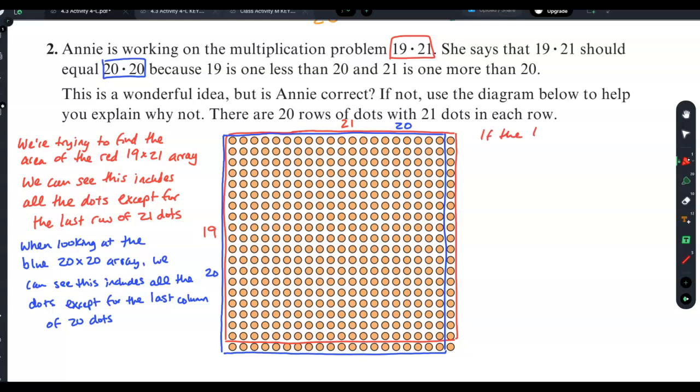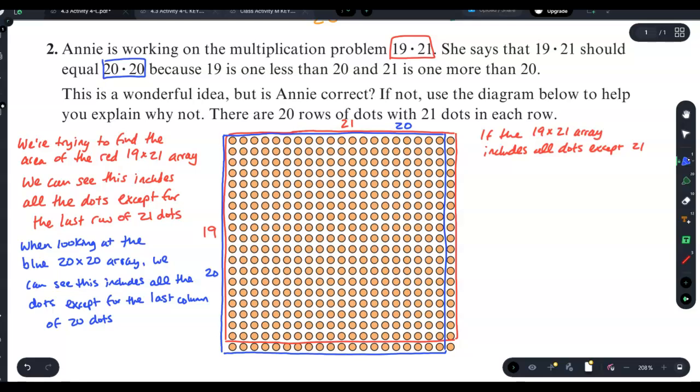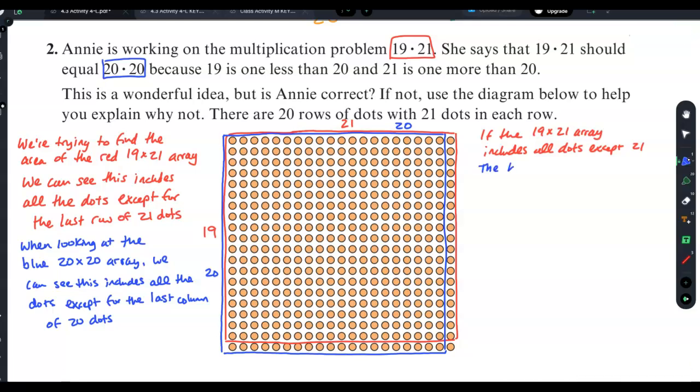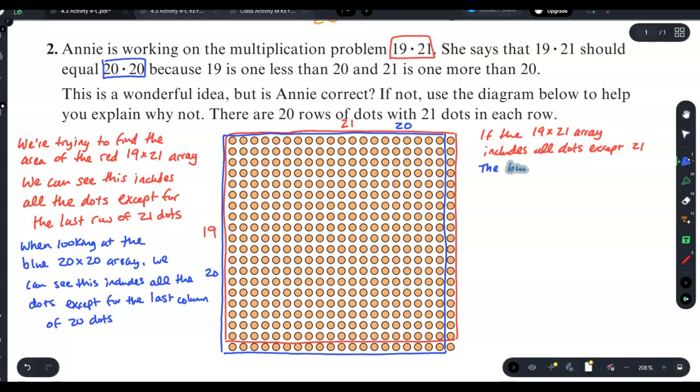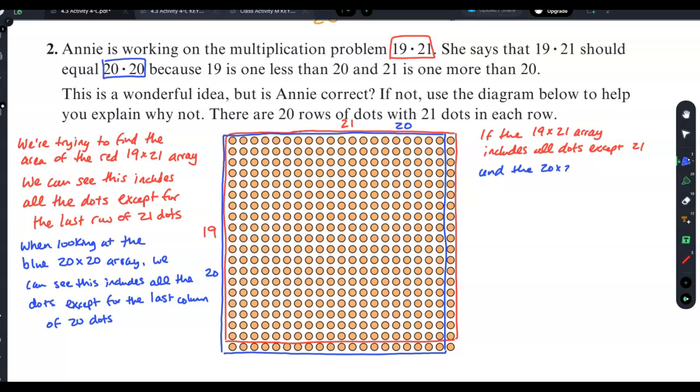So if the 19 by 21 array includes all of the dots except for, we said, 21 of them, and the blue array, so the 20 by 20, includes all the dots except, we said, 20 of them, right?